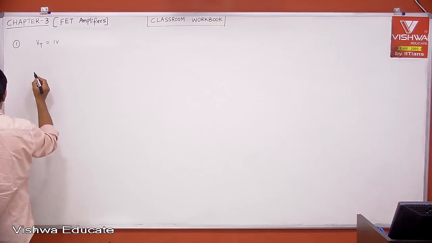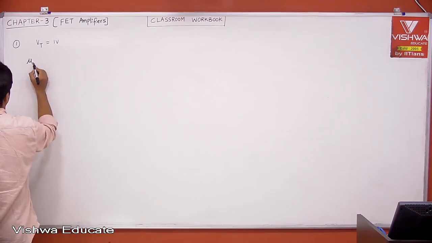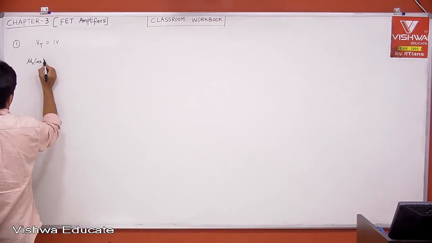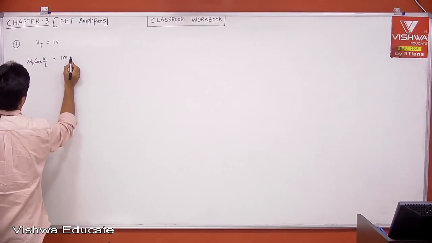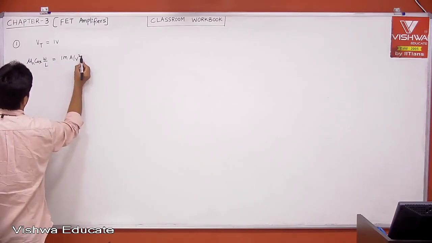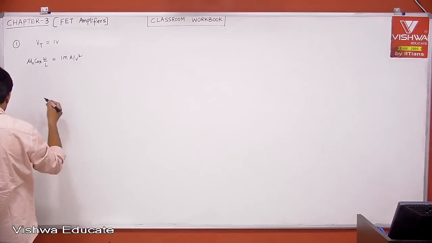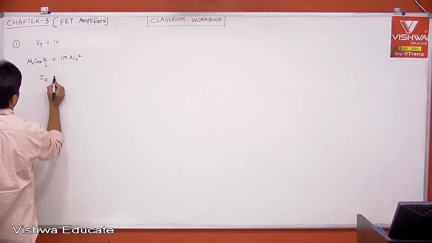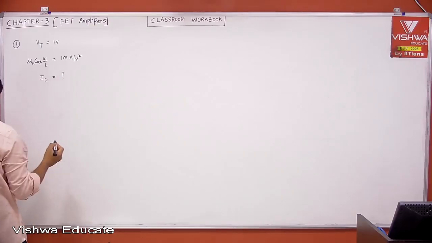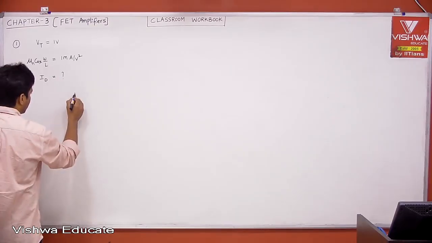And the transconductance parameter mu n C ox W by L is also given, which is 1 milliampere per volt square. Neglect channel length modulation, and then it is asking for ID. The circuit is given.